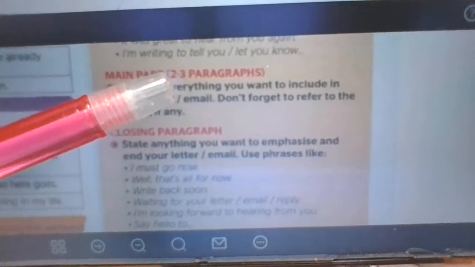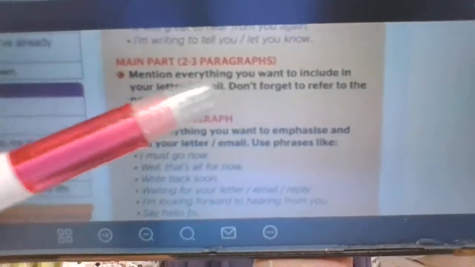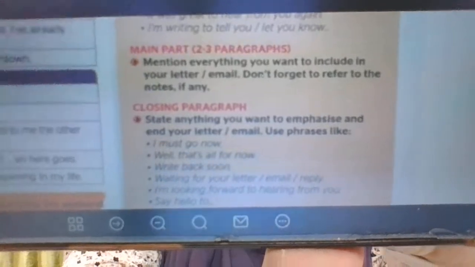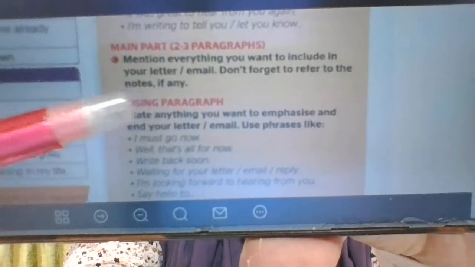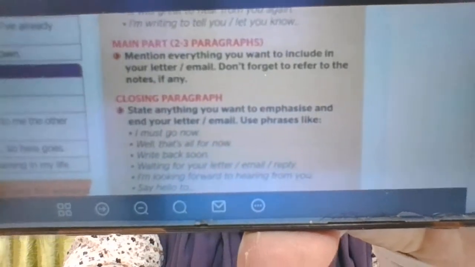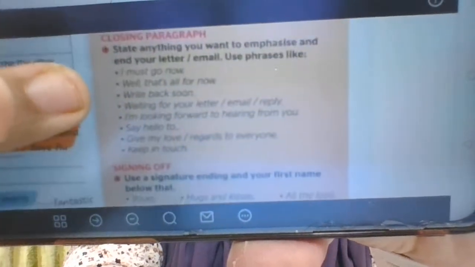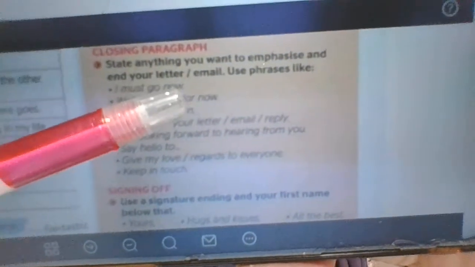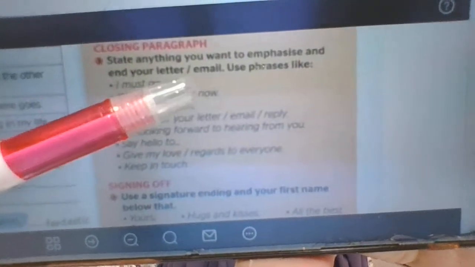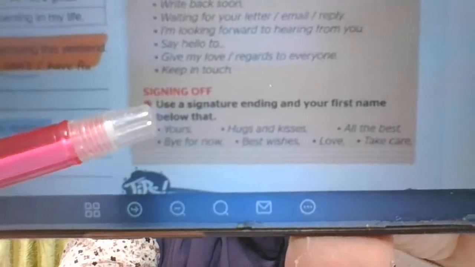You need to write it in 2 to 3 paragraphs. And lastly, you need to have your closing paragraph. Penutup, right? Closing paragraph. How you want to do it? I must go now, for example. You can use this phrase as frasa. And then after that, signing off.